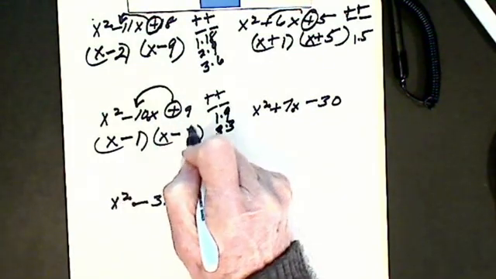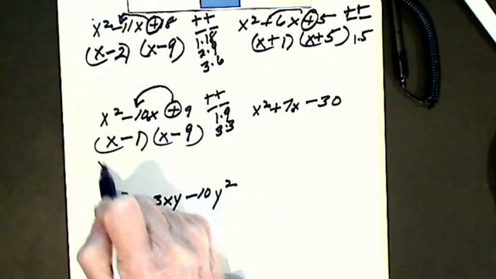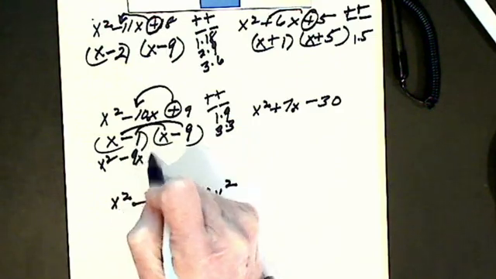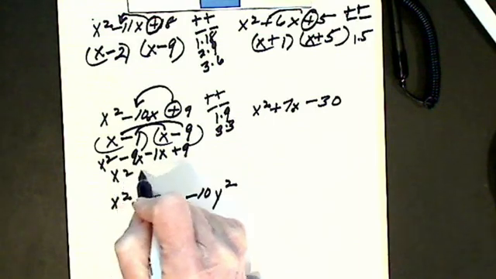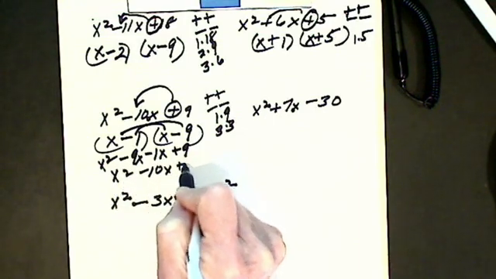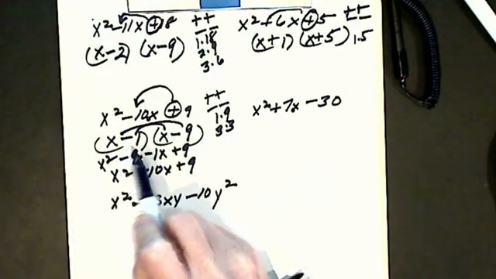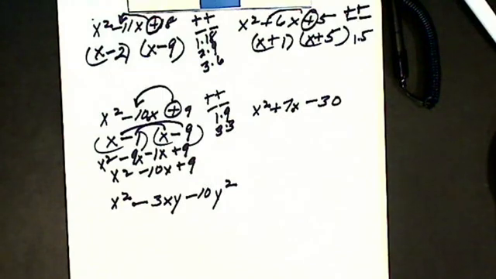It's got to be 1 and 9. And if I check by FOIL, I get x squared minus 9x minus 1x plus 9. I do get x squared minus 10x plus 9. The whole idea is whatever your factors are, they have to FOIL back to the original problem.